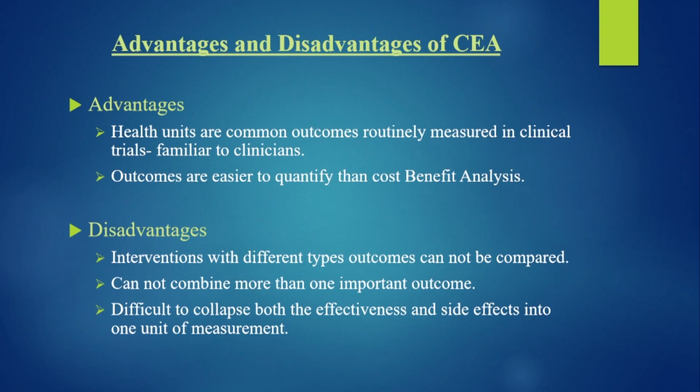Disadvantages: there are three types of disadvantage as mentioned in the slides. First, interventions with different types of outcomes cannot be compared. Secondly, it cannot combine more than one important outcome. Thirdly, it is difficult to collapse both effectiveness and side effects into one unit of measurement.